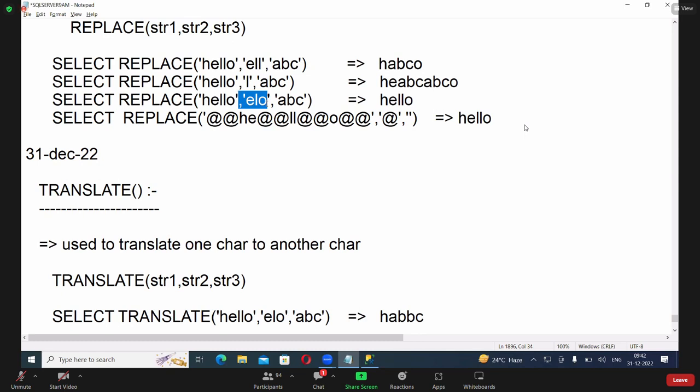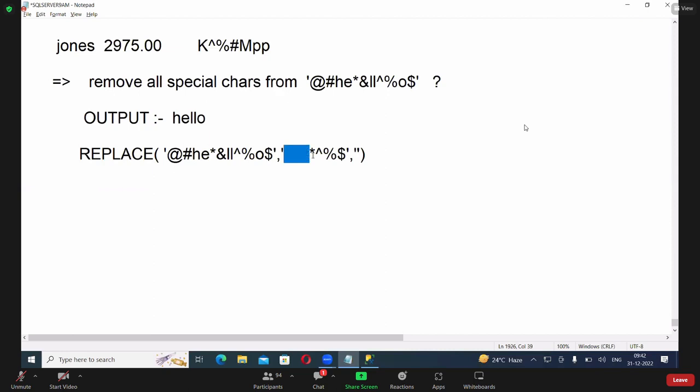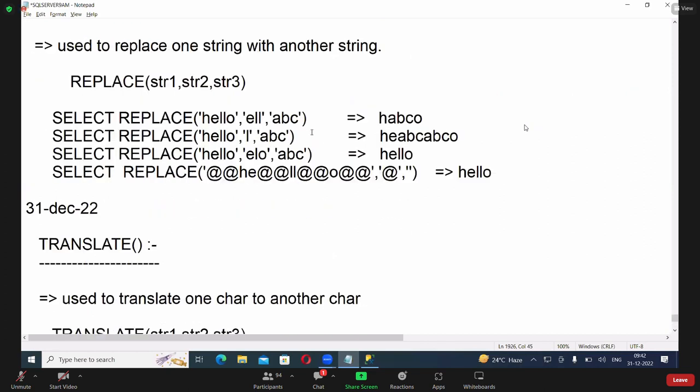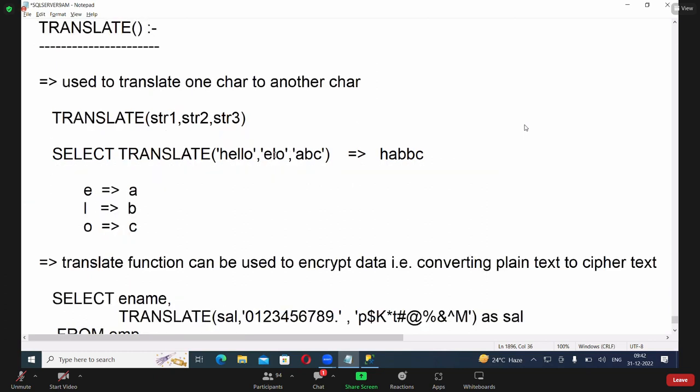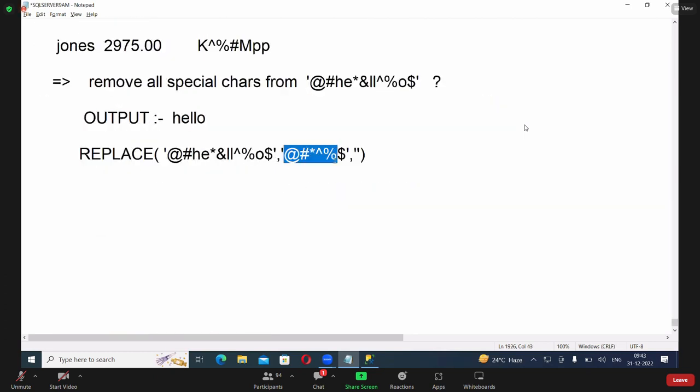The string is not there, not replaced. Characters are there, but the string is not there. Try to find the difference between string and characters. Individual characters are there, but the string is not there. Understood? Here also, E is there, L is there, O is there, but ELO is not there.